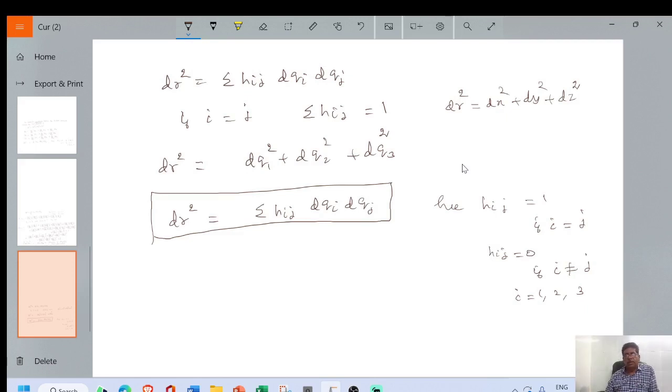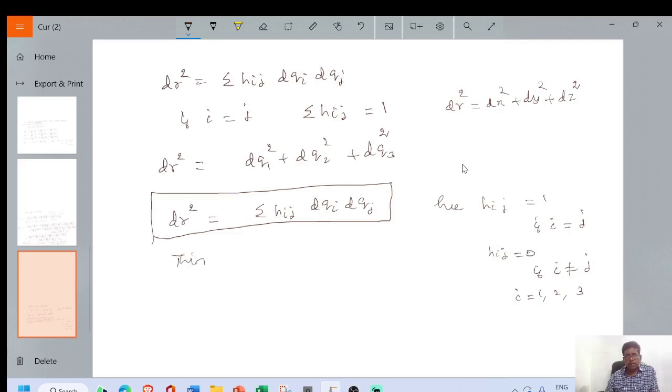Now we may say that the base vectors b1, b2 and b3 are not perpendicular to each other. Therefore, these are not orthogonal curvilinear coordinates. These coordinates are not orthogonal because the base vectors are not perpendicular to each other.